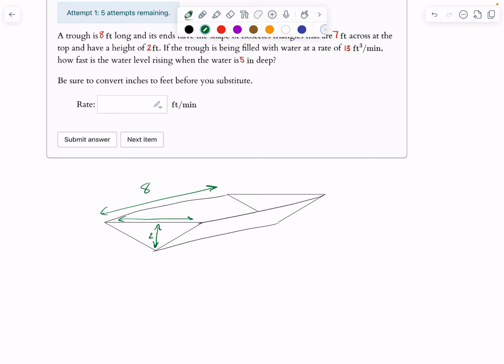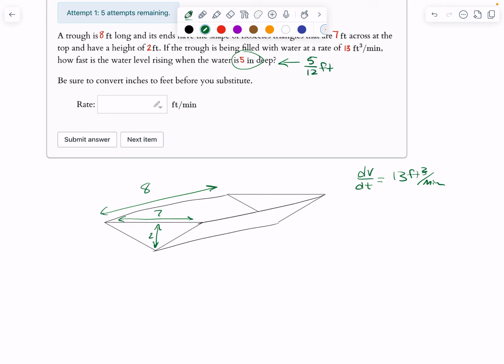We want to know, it's being filled at a particular rate. So dV over dt is going to be 13 cubic feet per minute. And we have inches here, so we're going to have to change that to feet. That's going to be 5/12 of a foot.